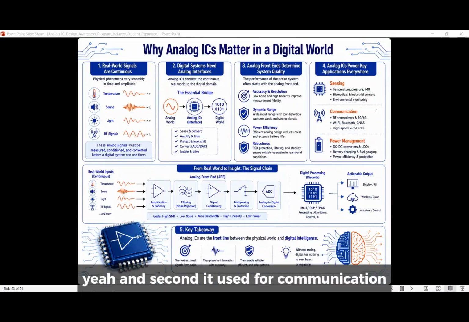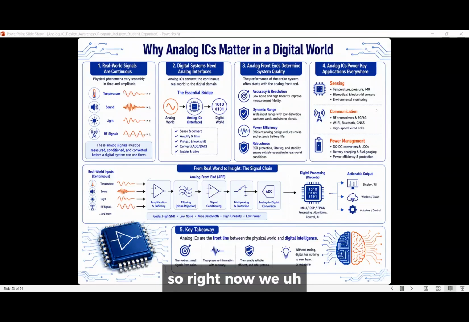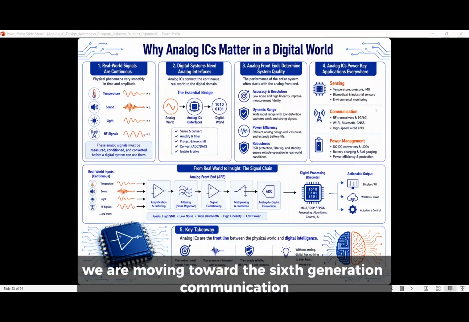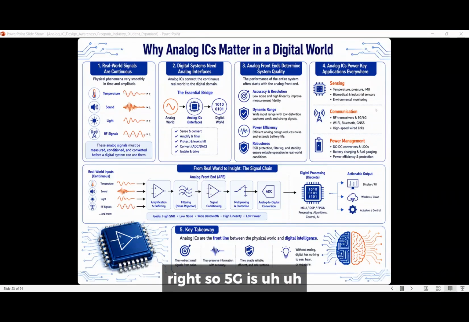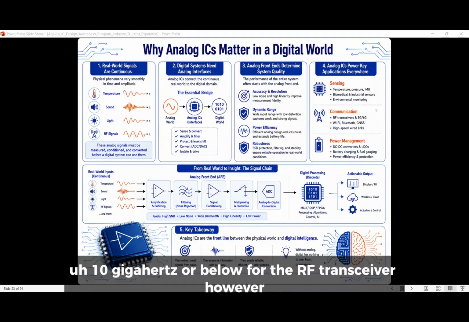And second, it is used for communication. So right now we are moving toward the sixth generation communication, right? 5G, I mean the fifth generation, remains in the radio frequency region, which is approximately 10 gigahertz or below for the RF transceiver.